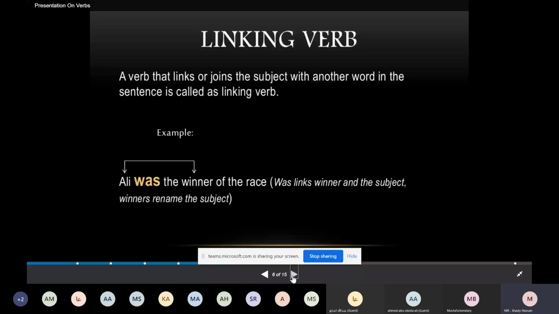Built. Yes. And the verb eat: what are the second and third forms? Ate, eaten. Eat, ate, eaten.